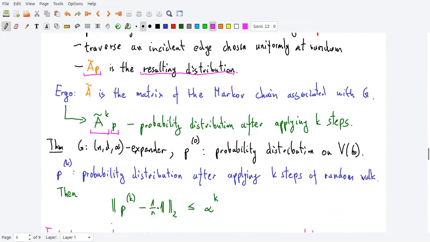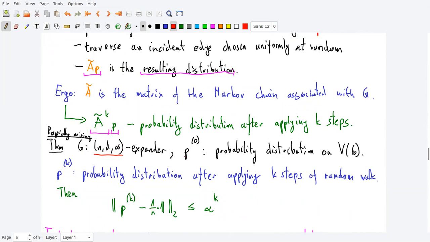So now comes the main idea of why good expanders are good with respect to this kind of random walk. The idea is that good expanders are rapidly mixing, in the following sense. Imagine you've got an (n, d, alpha) expander, where alpha is pretty good, it's small, close to 0.